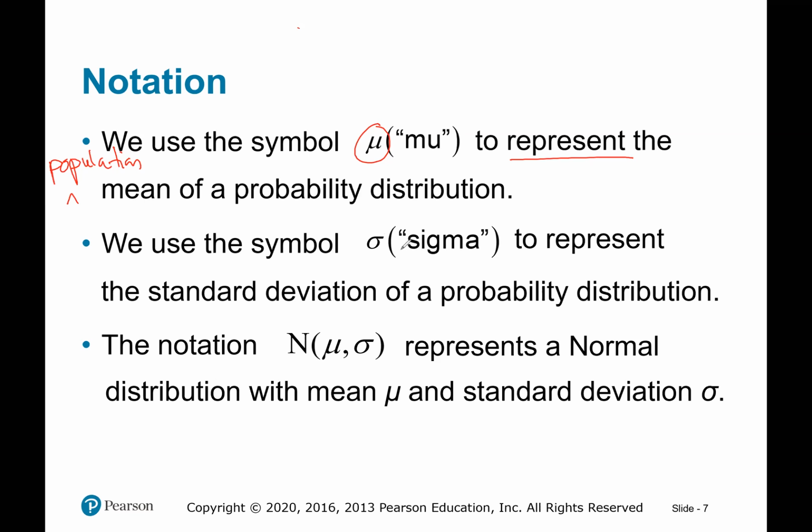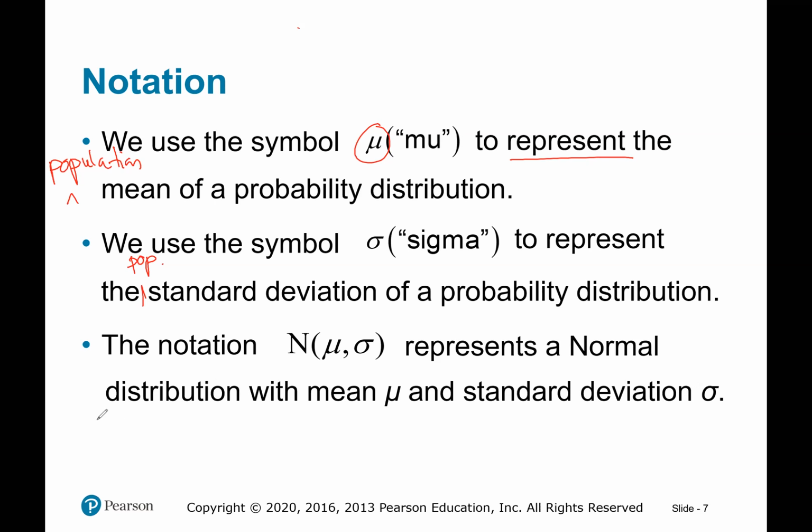Okay. Similarly, sigma represents the population standard deviation. And lastly, the notation N(mu, sigma) represents the normal distribution with mean mu and standard deviation sigma here.